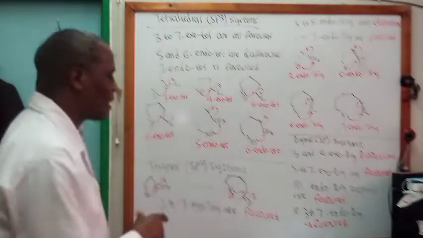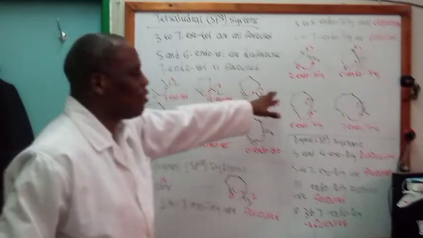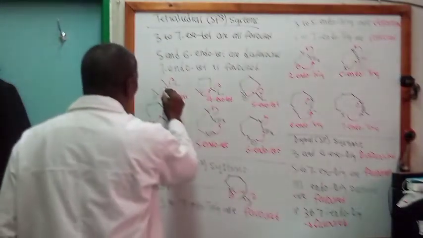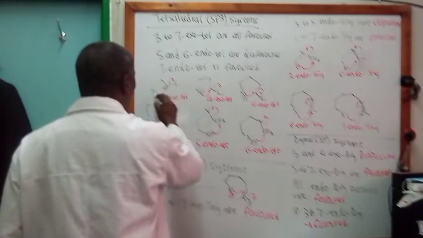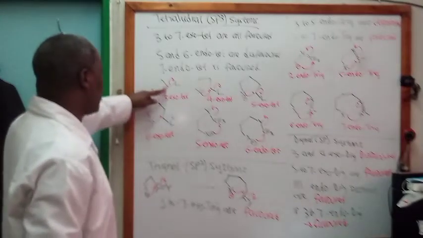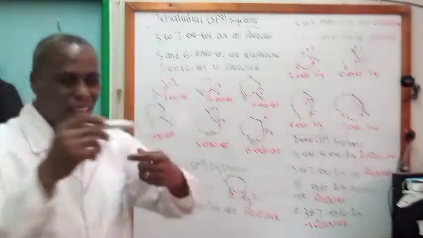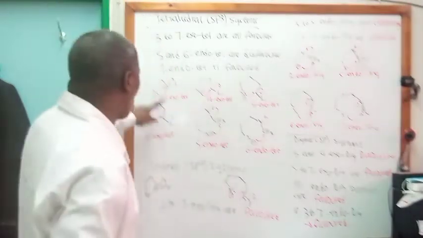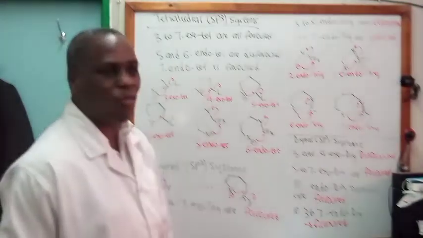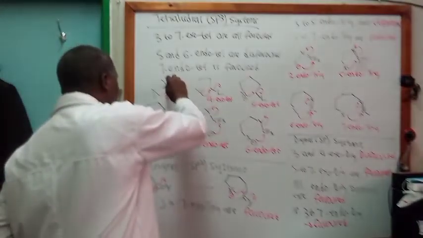For the 3, 4, 5 exo systems, the orbital of the leaving group which is going to be attacked by the nucleophile has a favorable trajectory. So the nucleophile can attack that orbital very well, and there will be a good angle of 180 degrees between the orbital and the leaving group.